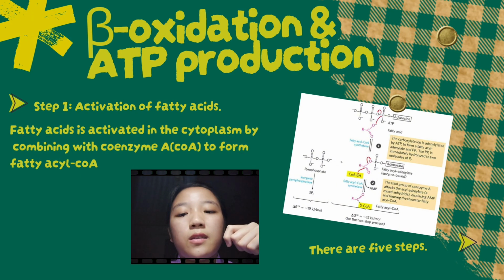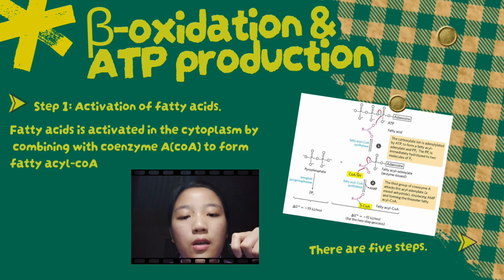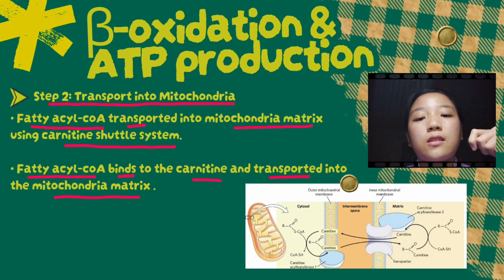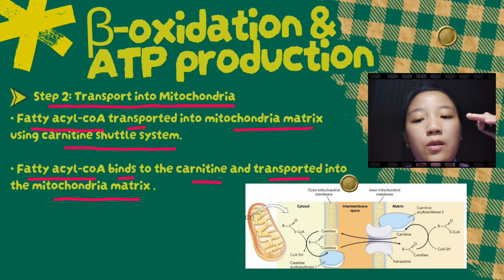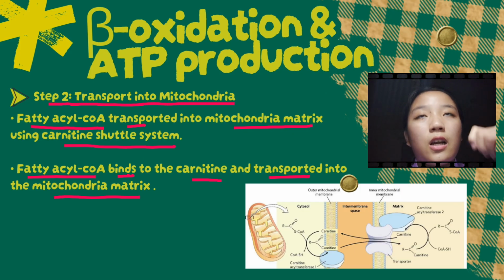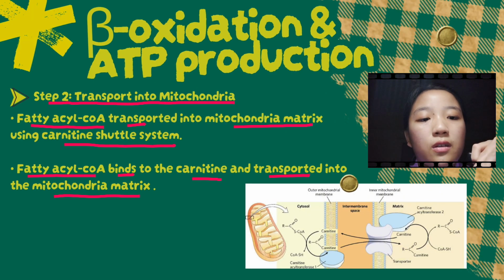This activation prepares the fatty acid for transport into the mitochondria for energy production. Next, fatty acyl-CoA is transported into the mitochondrial matrix using the carnitine shuttle system. The fatty acyl group binds to carnitine, allowing it to cross the mitochondrial membrane and enter the matrix where beta oxidation occurs.